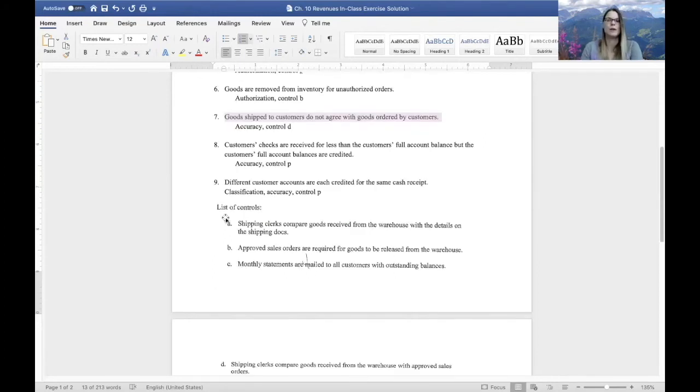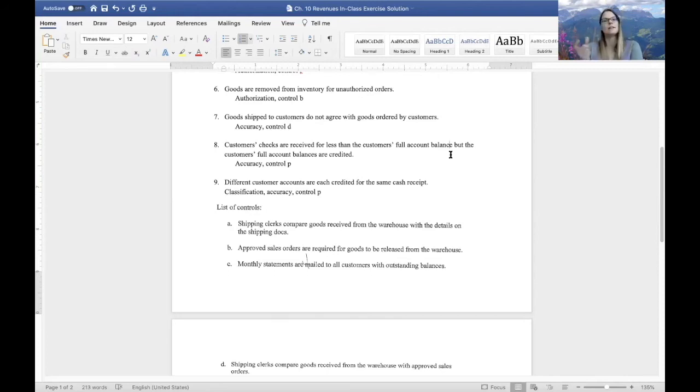So next up we have risk 8, which is customers' checks are received for less than the customer's full account balance, but the customer's full account balances are credited. Okay, so clearly when it's talking about the customer's account balances, it's talking about their account balances in the AR subledger.